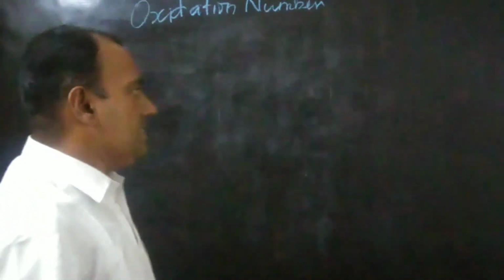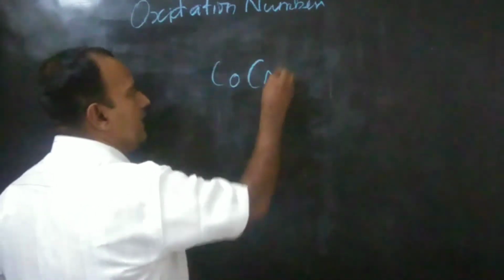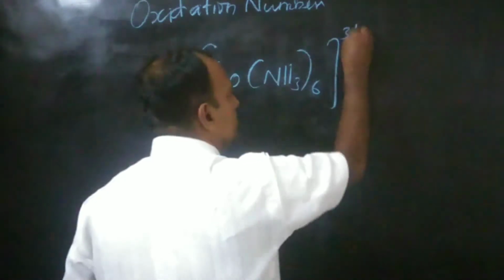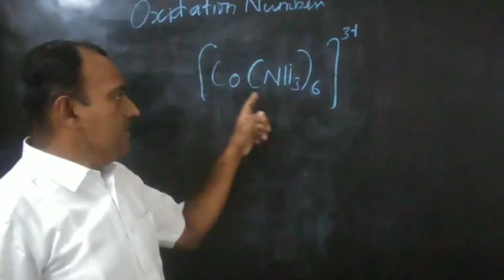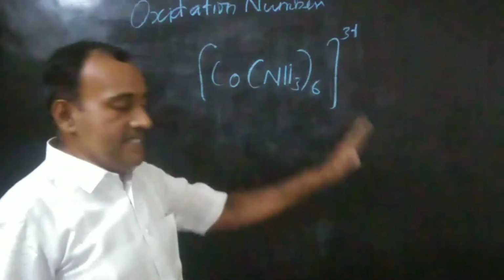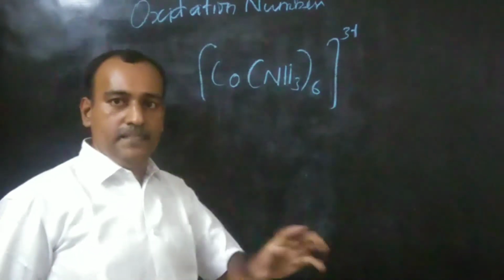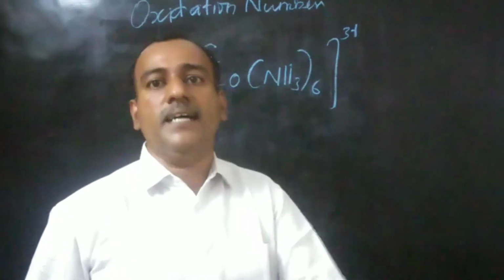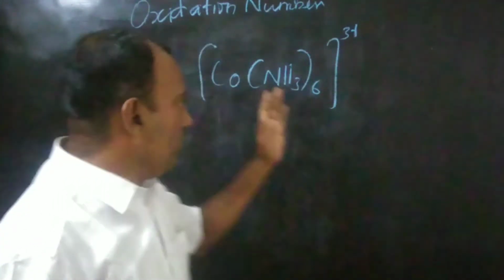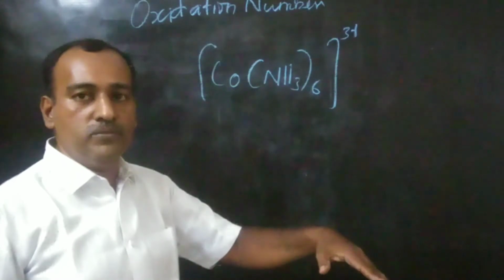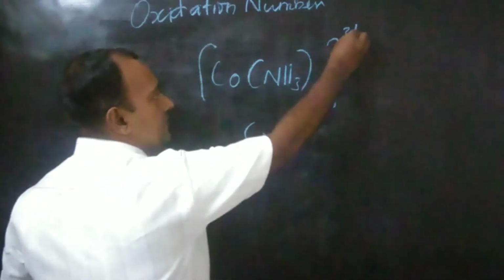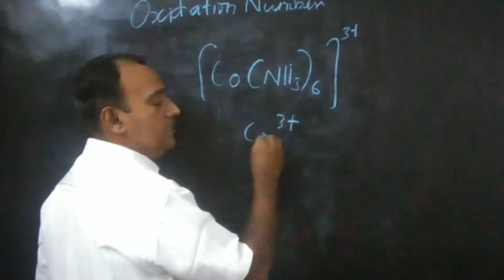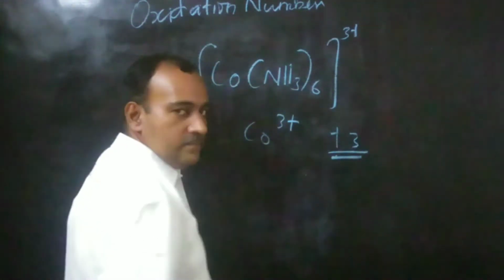For example, consider [Co(NH3)6]3+. NH3 is the ligand. We are removing 6 NH3. NH3 is a neutral ligand. For a neutral ligand, the charge is 0. So we are removing 6 neutral ligands. So automatically the charge becomes 3+. So the oxidation number of the central metal atom is +3.